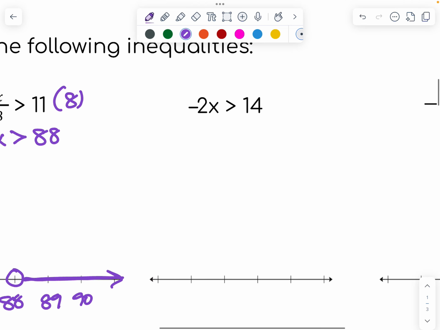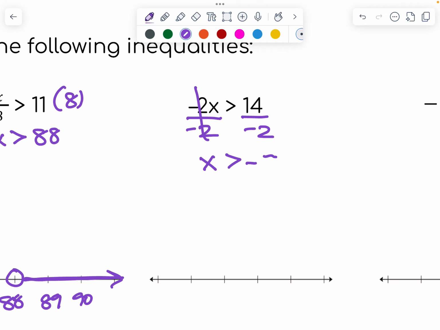Let's keep going. These are multiplying, the -2 and the X, so the opposite is divide. Divide by -2, divide by -2. 1X is, should I do that? No, I should not. Watch out. This is wrong, because if you divide both sides by a negative, you need to change the inequality.